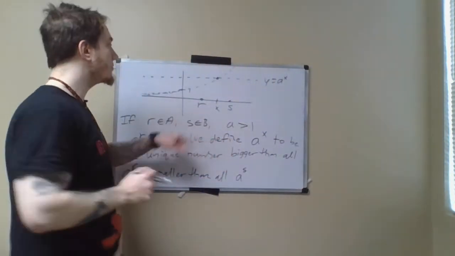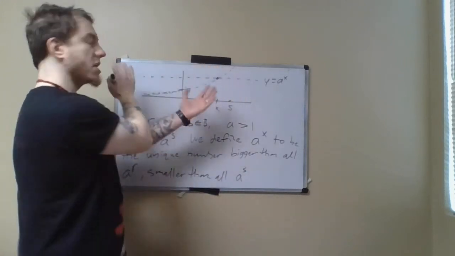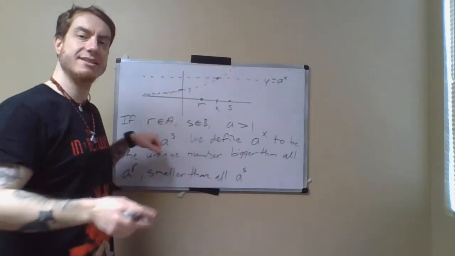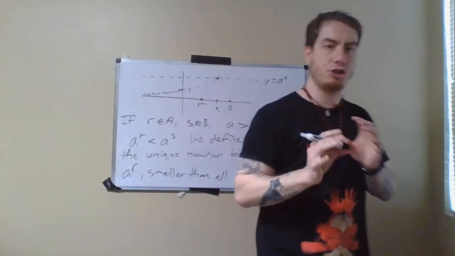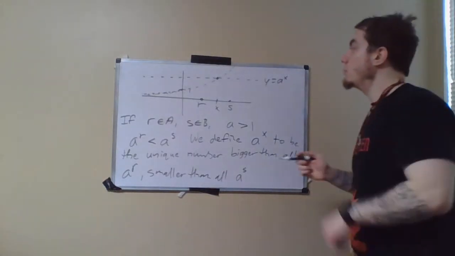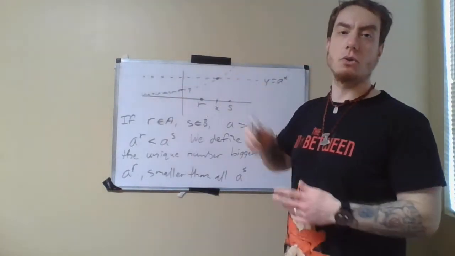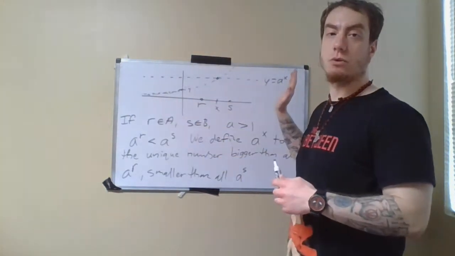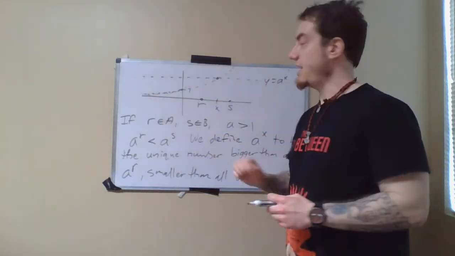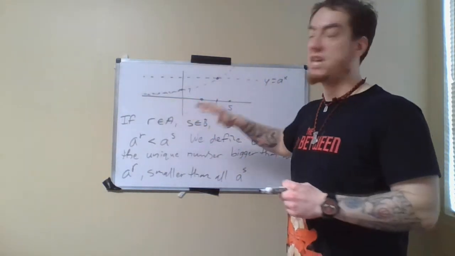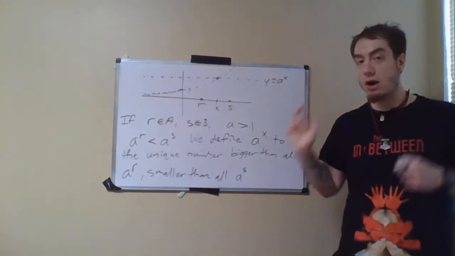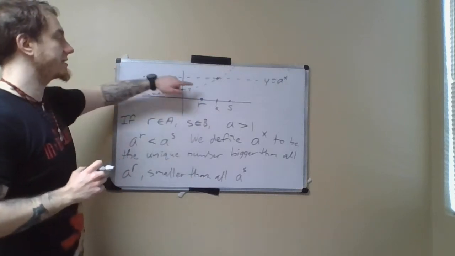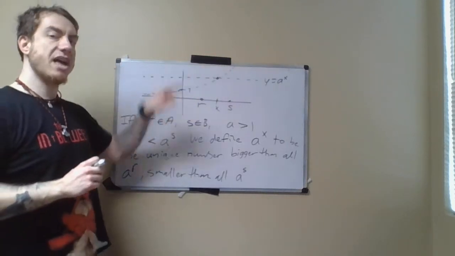Of course, if a is smaller than 1, then you have to take this picture and mirror image it, and the roles of r and s get switched. But it's the same basic geometric argument: there's this horizontal line that splits everything to the left versus everything to the right. The image of everything to the left is on one side of the horizontal line, and the image of everything to the right of x is on the other side. And therefore, we want to define a to the x to be exactly on that horizontal line.